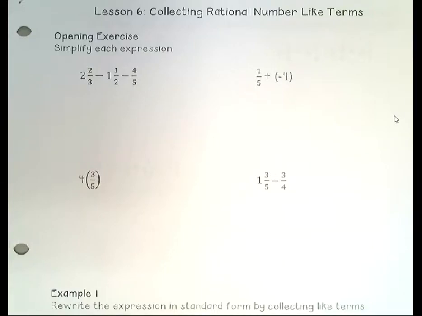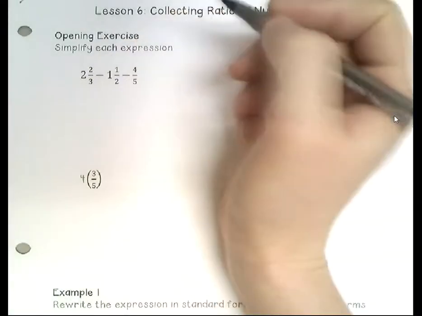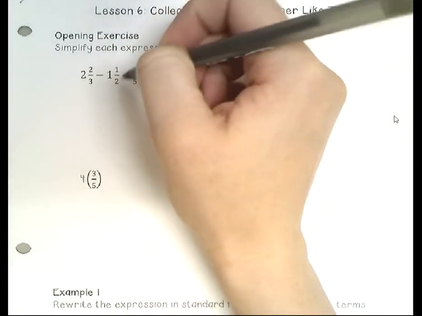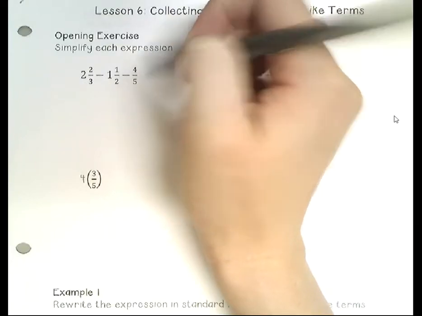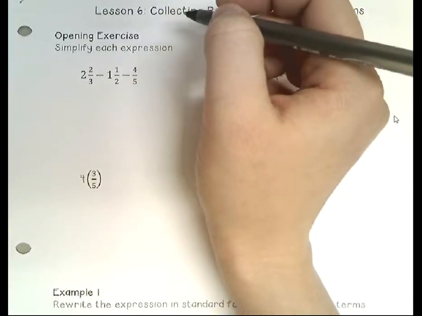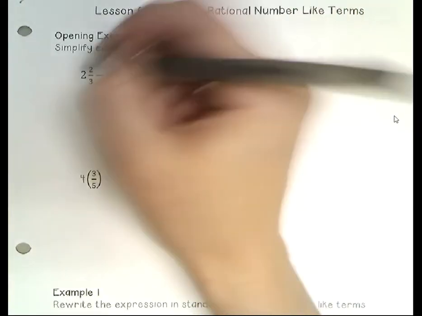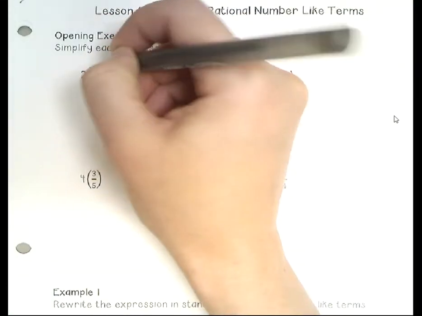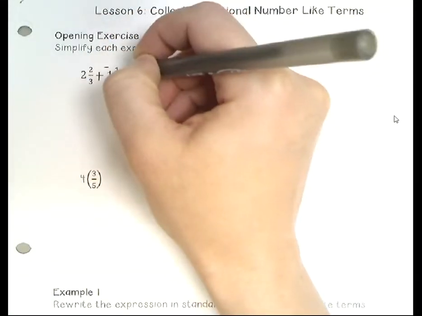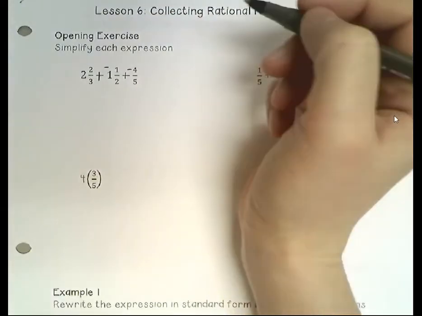Okay, so our first is 2 and 2/3 minus 1 and 1/2 and minus 4/5. Make sure you change all the subtraction signs into the addition of the opposite. So plus negative 1 and 1/2 plus negative 4/5.